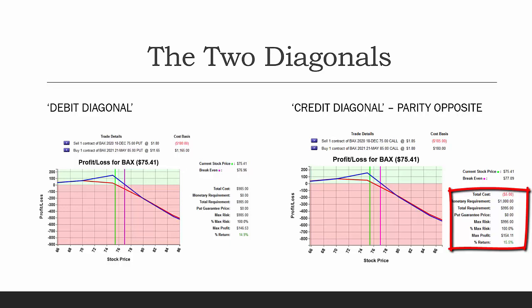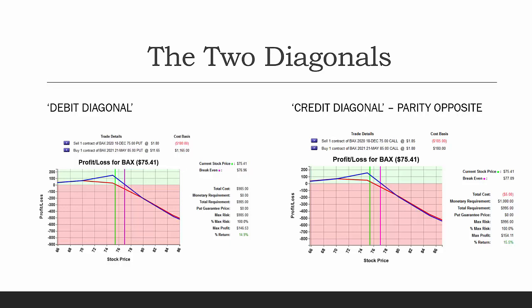So essentially I'm risking $9.95, but based on the pricing models, if the stock is trading right at 75 at expiration, because we took in that credit and the value of the long call, we might have a slightly higher return, $154, or 15.5% return.